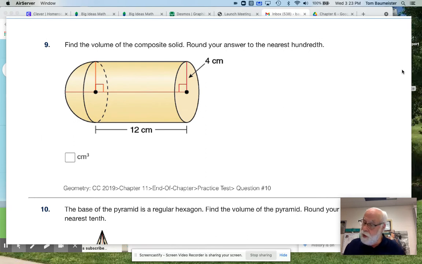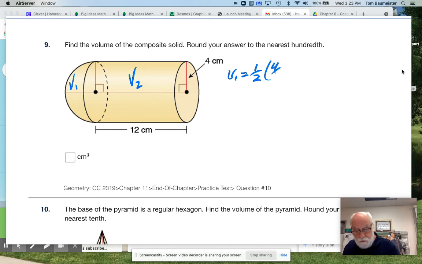Number 9, find the volume of the composite solid. So again, we have V1, we have V2. So remember, V1 is equal to 1/2, because it's half of a sphere, okay?